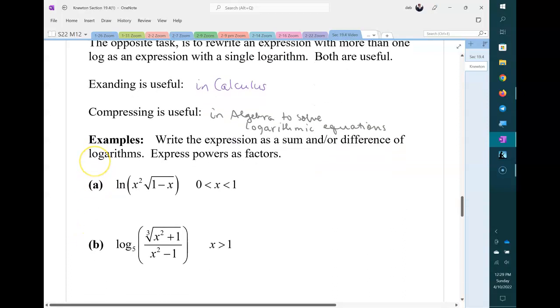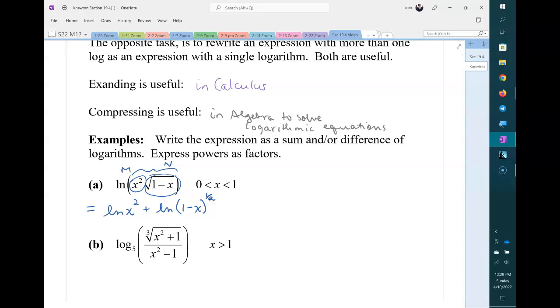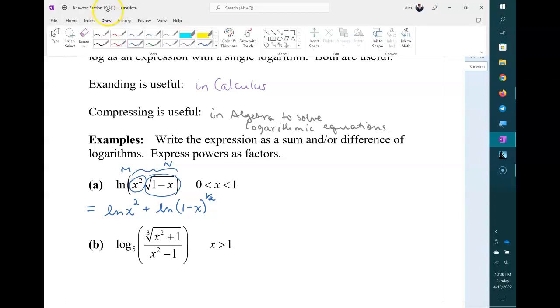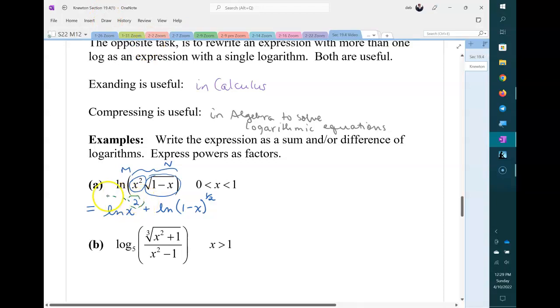Here are some examples of expanding, and this is where we're going to take this argument and see that it's actually a product of two things. So this would be your capital M and your capital N. So this is the ln of x squared plus the ln of 1 minus x. But in calculus, you're always going to rewrite radicals as fractional exponents because it's much easier to work with them. Then we would use the property that says I can take the exponent, as long as it's acting on the entire argument, and bring it down in front as a multiplier.